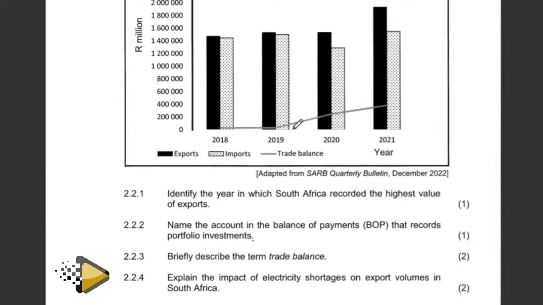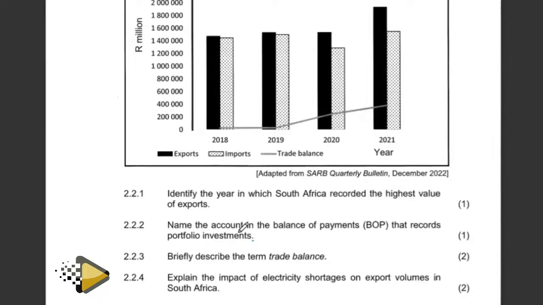But starting from 2019 to 2021, there's been an increase in the volume of exports amongst the different set of countries. As well, the graph keeps on increasing from 2020 towards 2021, which is the clear indication that there's been an improvement in terms of the exportation of goods and services.